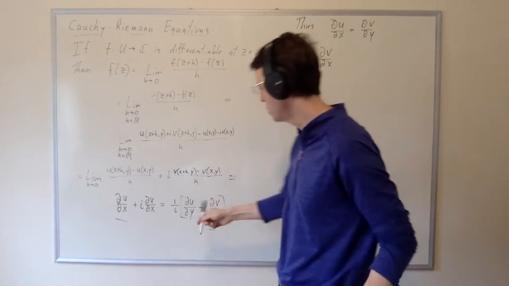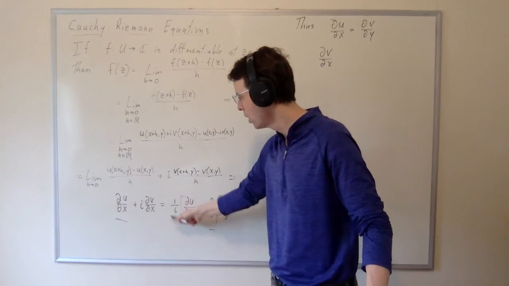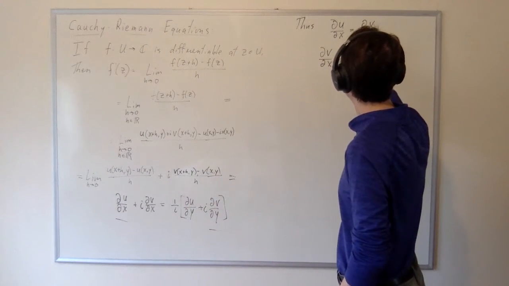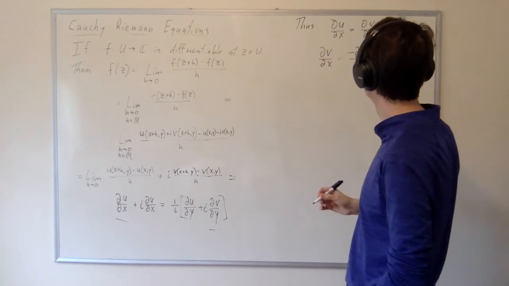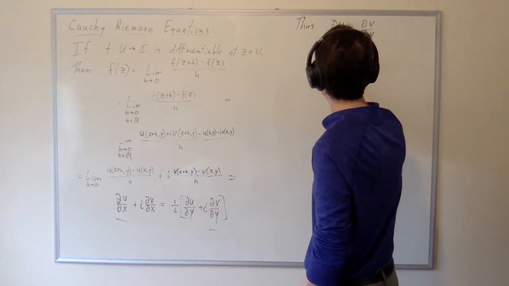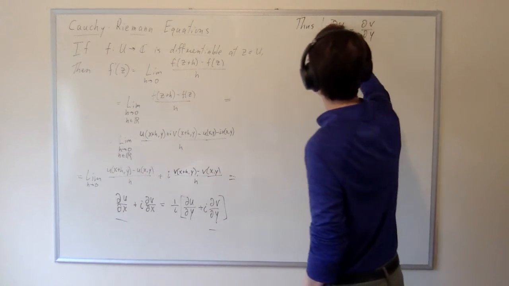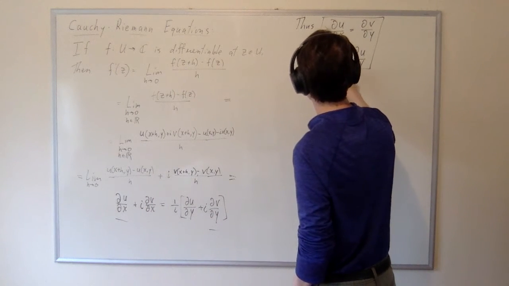And so read this as minus i times du dy, and then the imaginary part will be minus du dy. So that's minus du dy. And so we get these two equations relating the partial derivatives of u and v. And these equations are called the Cauchy-Riemann equations.